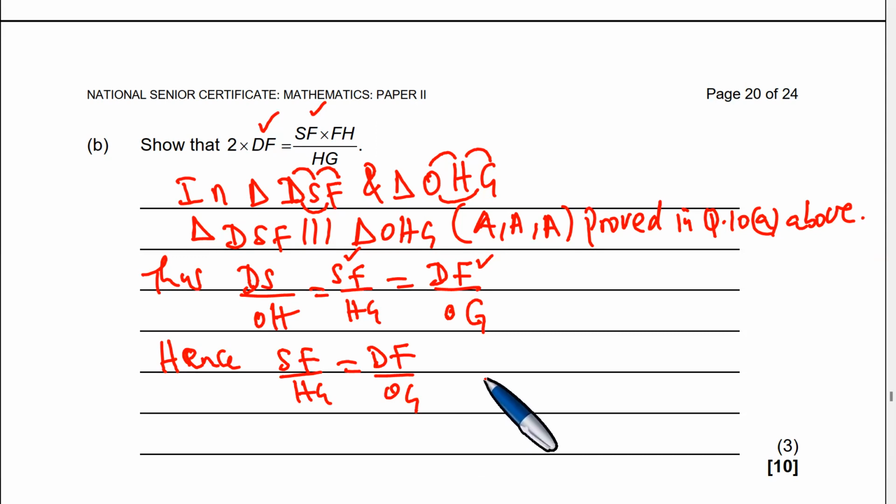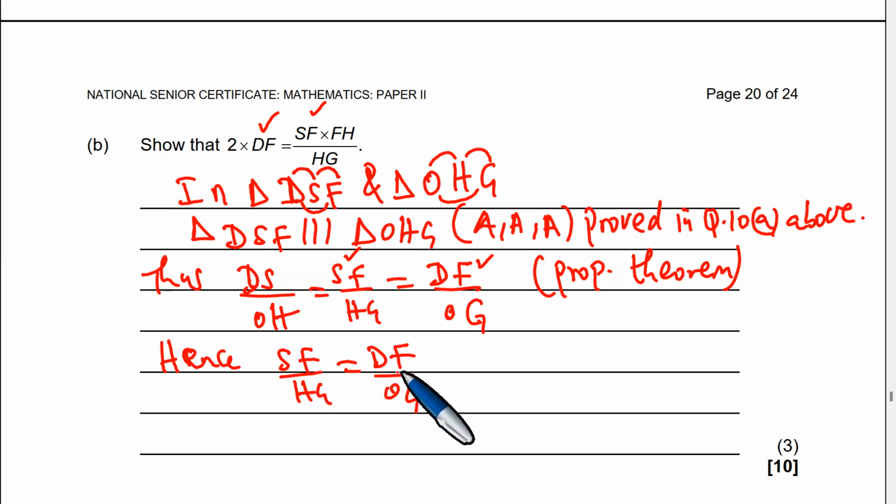Now we just need to introduce the 2 that is there. So we have this. Why is this the case? Why is this bringing this? Because of the proportionality theorem. If the 2 triangles are similar, then the corresponding sides are in the same proportion.